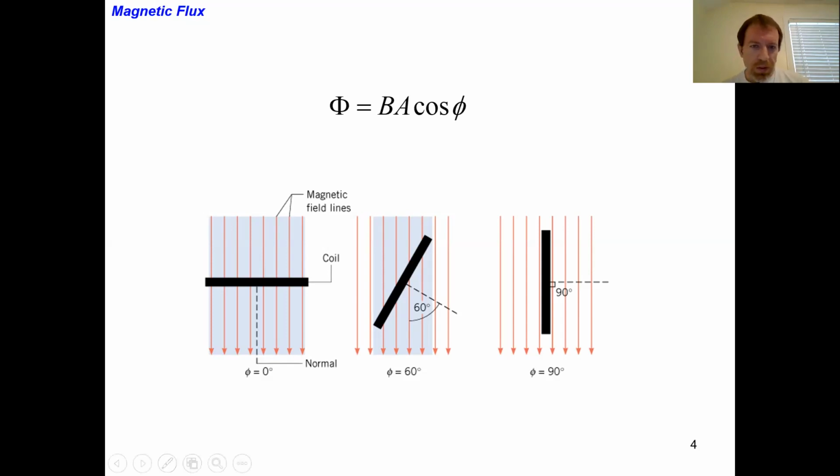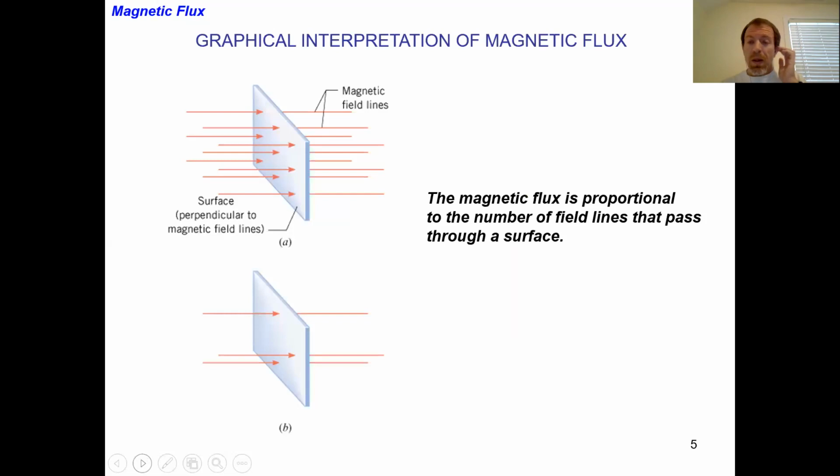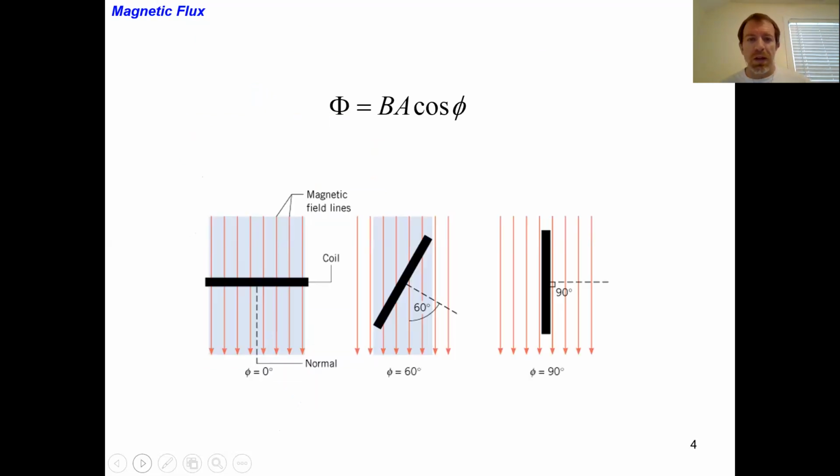Great. So the magnetic flux, just like with electric flux, is proportional to the number of field lines that are penetrating my surface. Let's go back a slide and look at this. Flux is equal to magnetic field times area times cosine of phi. If I decrease the magnetic field, I'm decreasing the flux. If I somehow manage to shrink the area of my coil, if instead of a solid copper disc I've got something flexible and I shrink the area, then I'll be decreasing the flux.